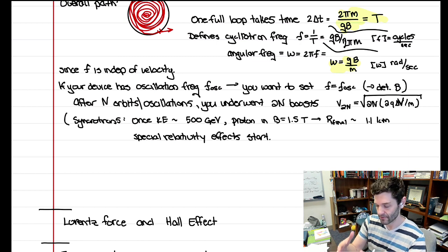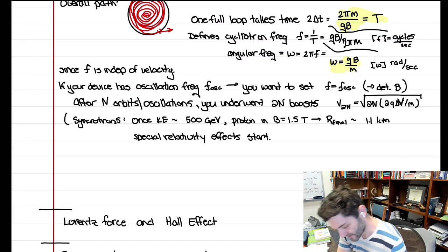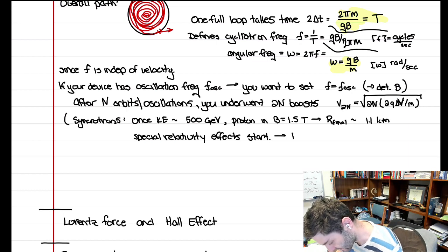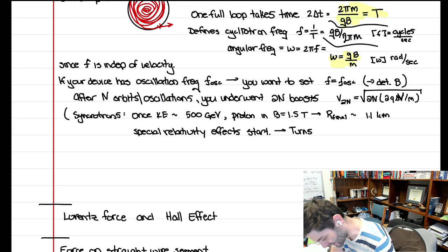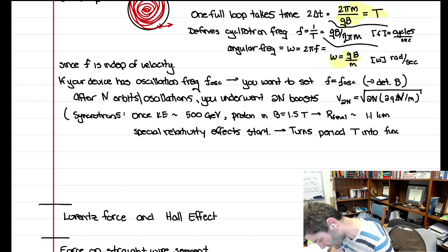When you start to get within, say, 10% of the speed of light, beyond that you really have to start adding velocities relativistically. In that case, it turns out the period does end up depending on velocity. So it turns period T into a function of velocity too.